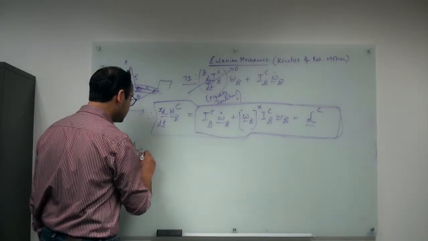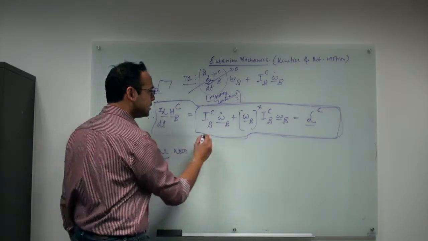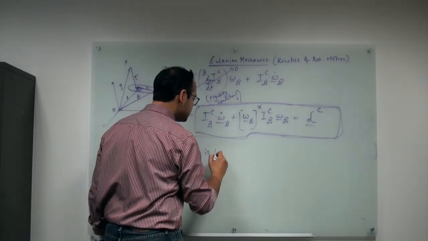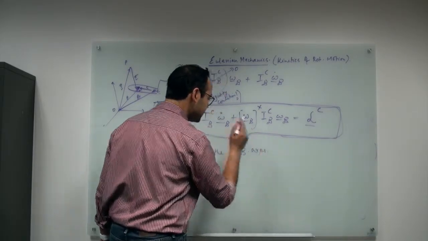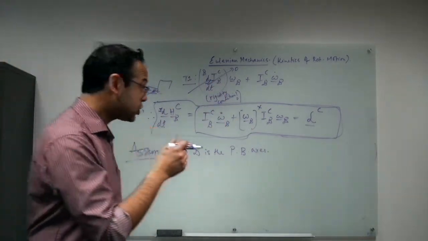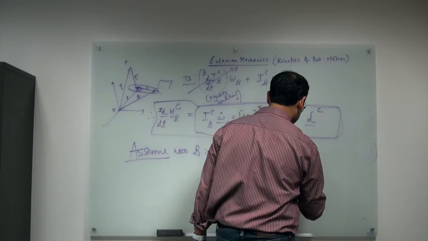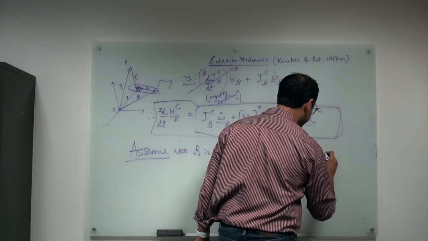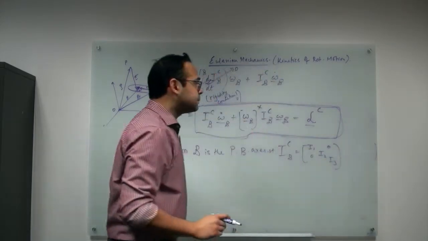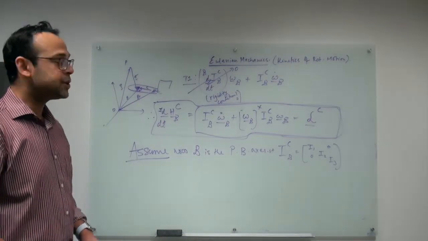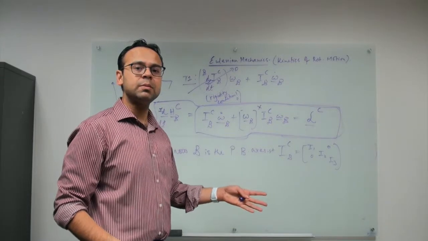So assume now that this B frame is the principal body axis, such that the inertia matrix is diagonal. That's not really true for aircraft, but it's not such a big deal because you're going to implement this on a computer anyway, and you can ask the computer to do that multiplication for you.